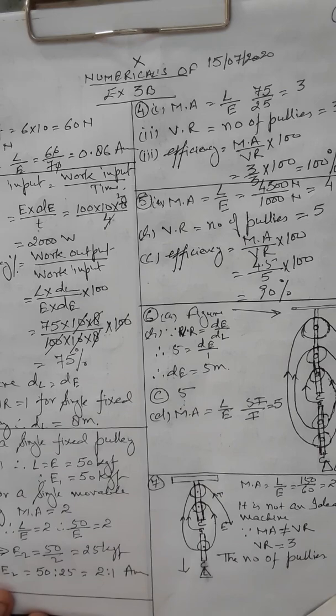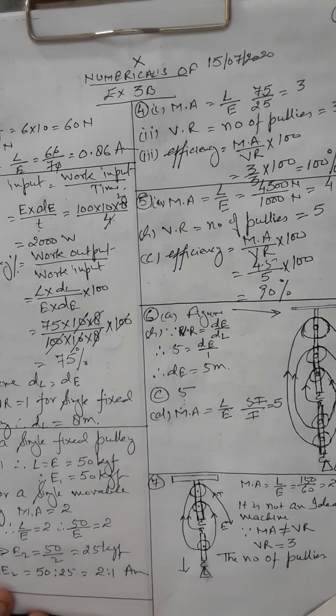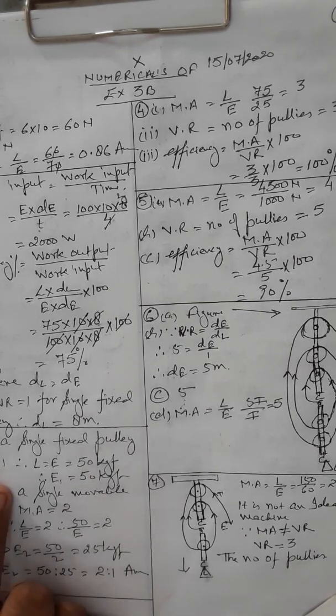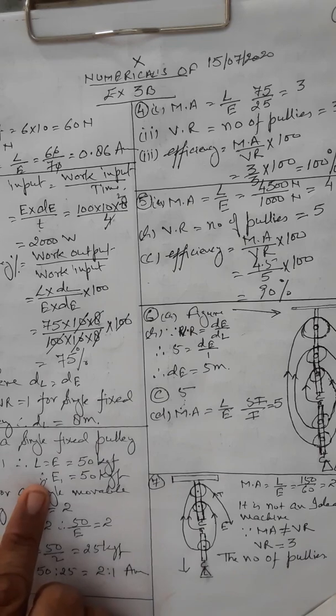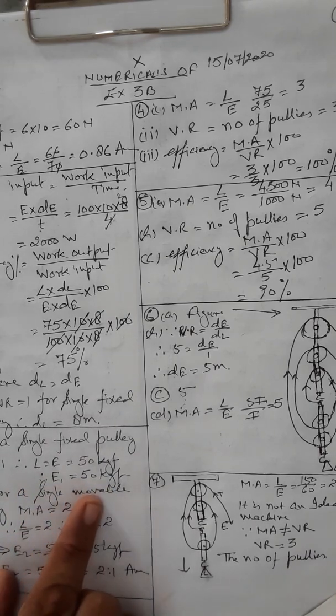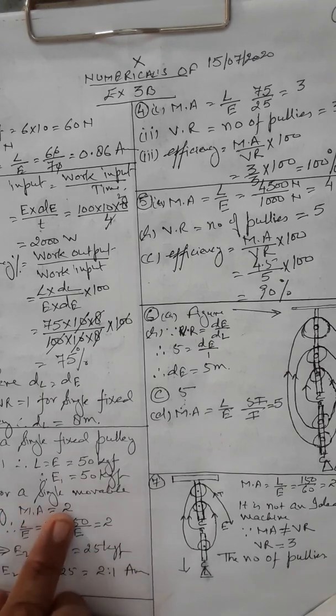A single fixed pulley and a movable pulley both are separately used to lift a load of 50 kgf to the same height. Compare their efforts applied. Single fixed pulley, mechanical advantage equal to 1. Therefore, load is equal to effort is equal to 50 kgf. But for the single movable pulley, mechanical advantage is 2.